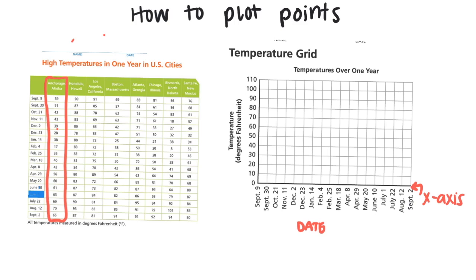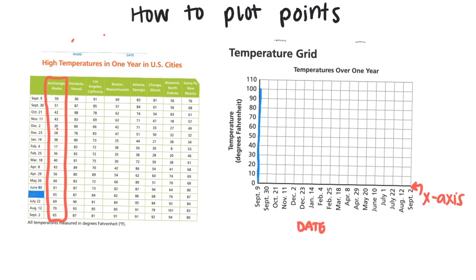And then I have our temperature right here, which lines up with these numbers that were recorded. So for September 9th, where would I put my point? Okay, well, I have to look at the date, September 9th, so I'm going to have to follow this line right here. And I will plot that point where it has 59, okay?